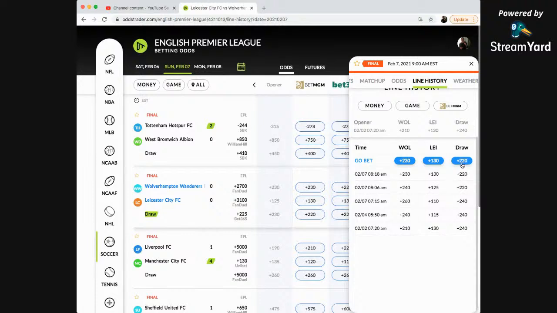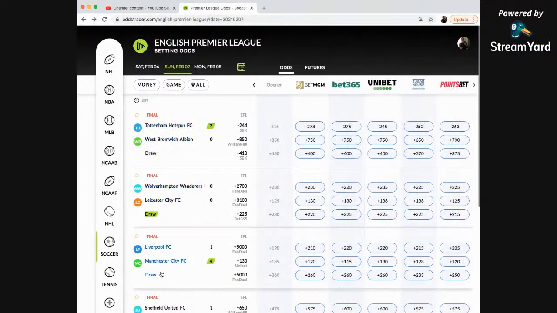So we can eliminate this one, and we can eliminate this one. So this would have been a play on Leicester because there was no movement here, but we could eliminate the movement of these other lines. So that would be a loss. So we'll write that down. That's minus 100, but we pay no juice there.